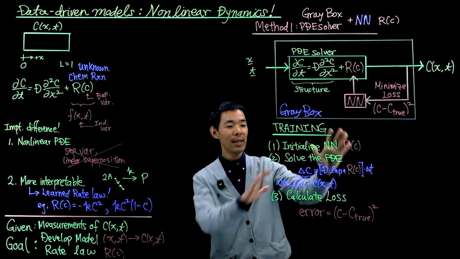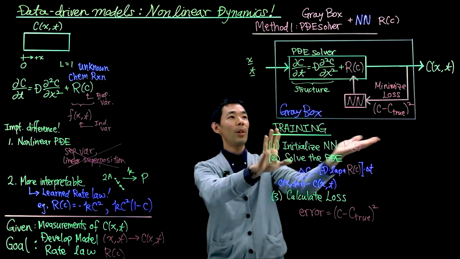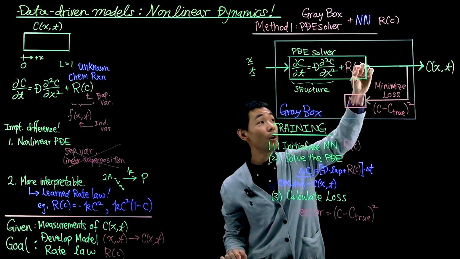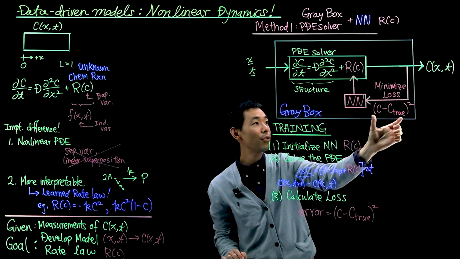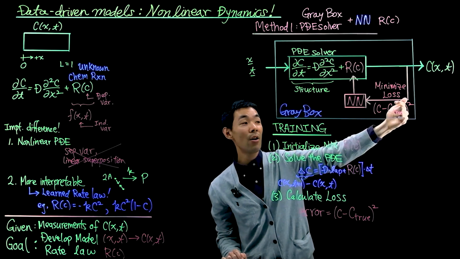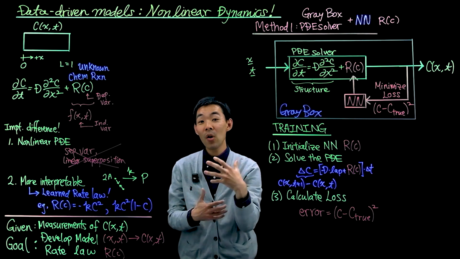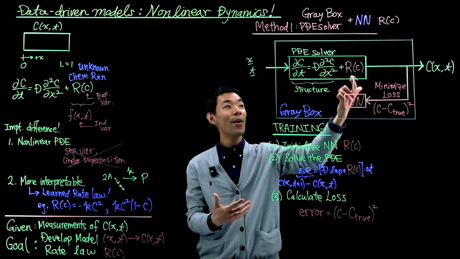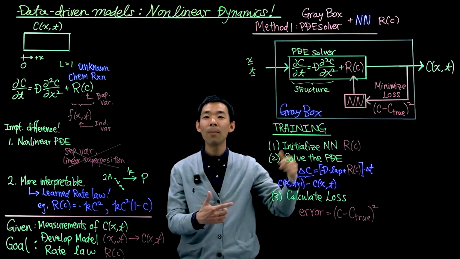I hope you can see this training instructions step by step with the overall block diagram. We're doing this step right now because after the PDE solver, we have a prediction of C. We siphoned off that data, we measured the loss, and now it needs to go back into our neural network, so that hopefully we can optimize it so that the neural network spits out an even better R sub C, and that way this will become minimized over many loops.